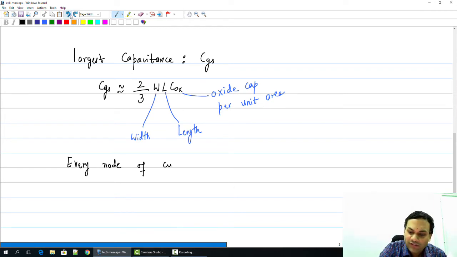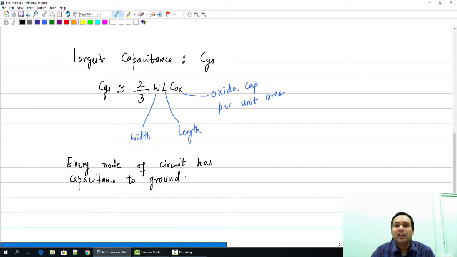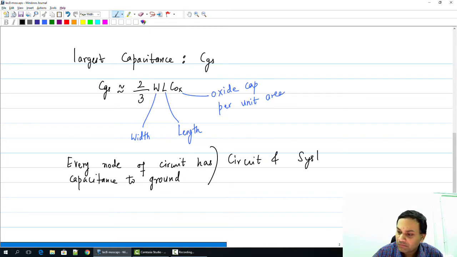We'll assume that every node of the circuit has some capacitance to ground. You will find that this will make our job much easier. We will assume this only for circuit and system analysis.